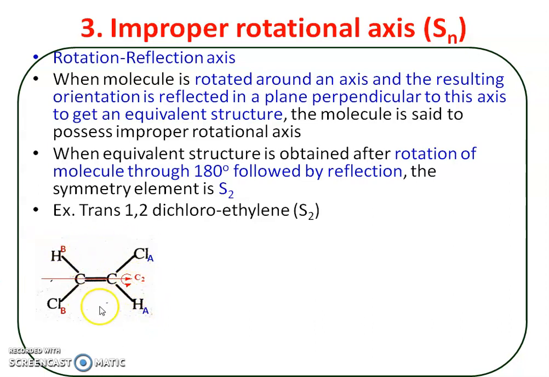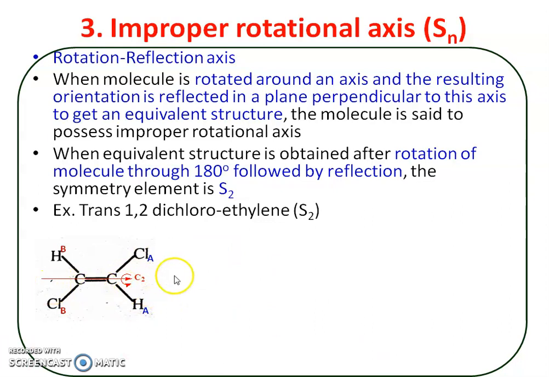Consider this axis which is passing through the two carbon atoms, and along this axis, suppose the molecule is rotated through 180 degrees. 180 degrees means this axis becomes C2.